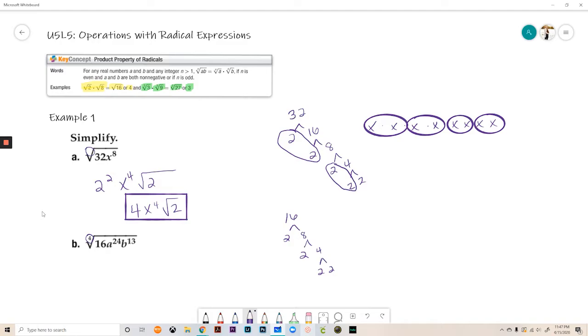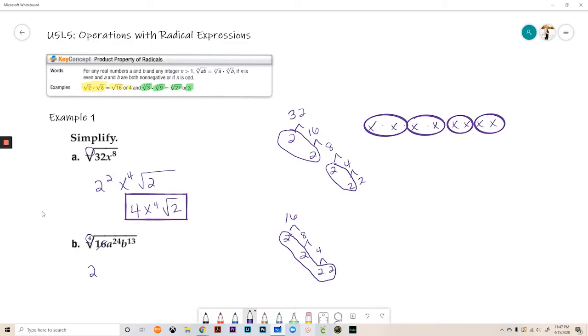We look for a group of 4, and the ends of the branches of our factor tree are all 2's. They're all the same number and there are 4 of them. So a 2 can come out, and that's all that's left of the 16. There's nothing left over inside the radical.